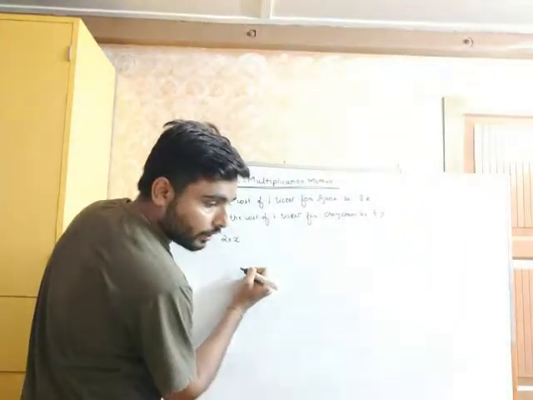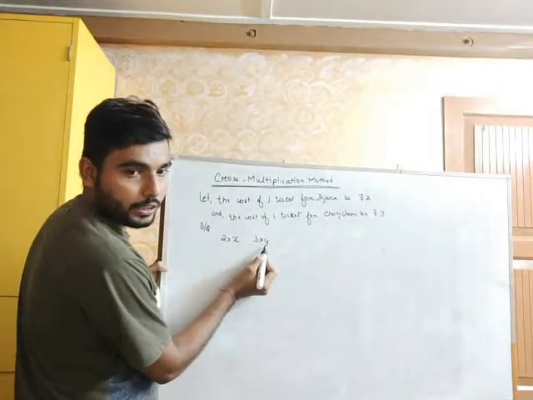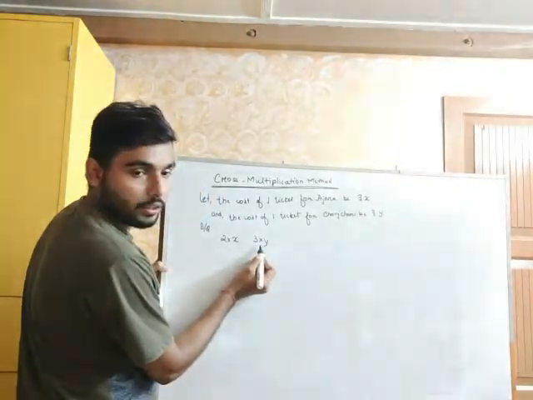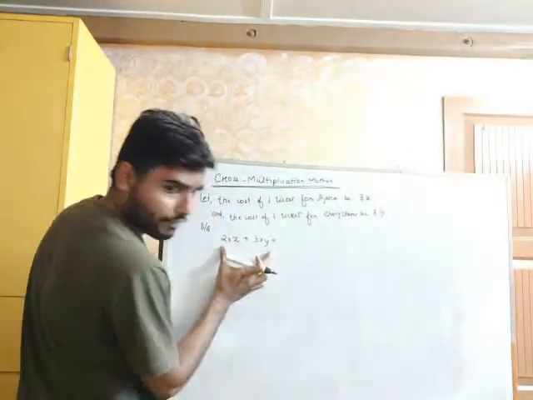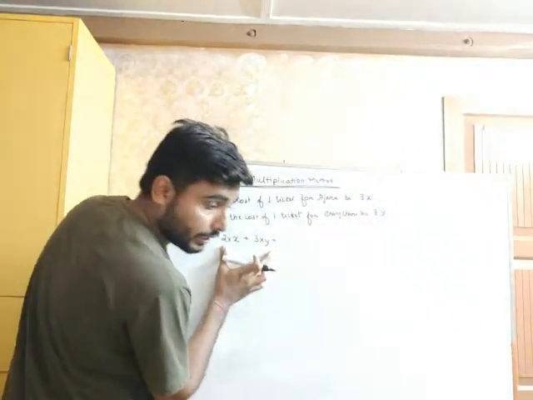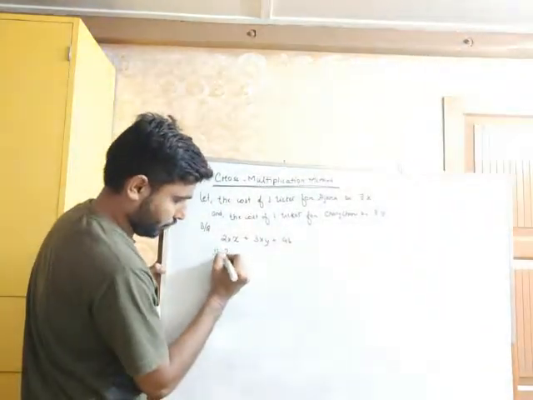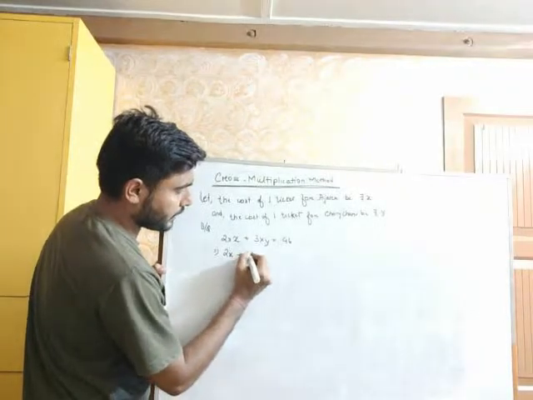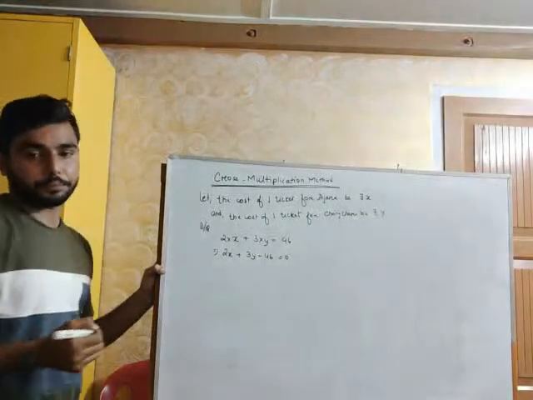And three tickets to Changsari. The cost of one ticket is Y, so the cost of three tickets will be 3 into Y. And the total money paid, after adding these two, is the total given in the question, 46, which implies 2x plus 3y minus 46 is equal to 0.